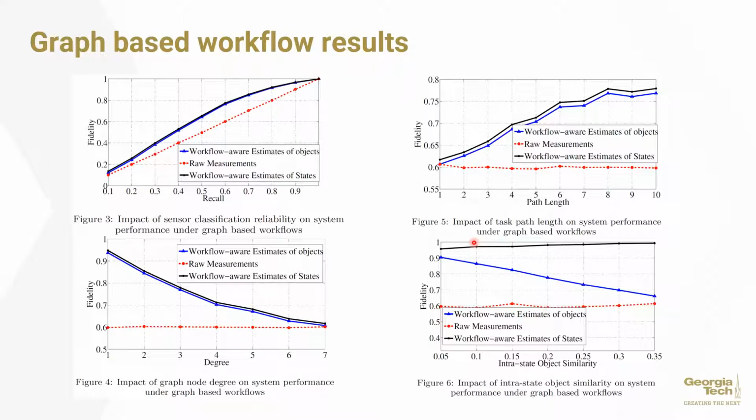So if your words are too similar for your transcriber between your states, say, then you wouldn't want to use the estimate of objects workflow. You'd want to use a states workflow, which overall makes more sense.